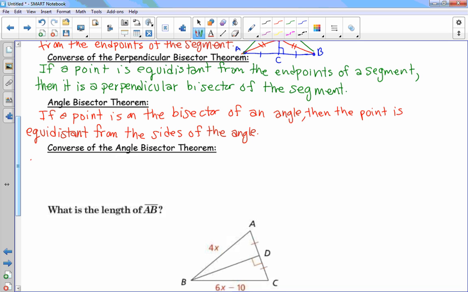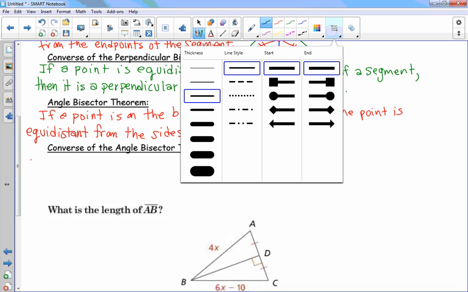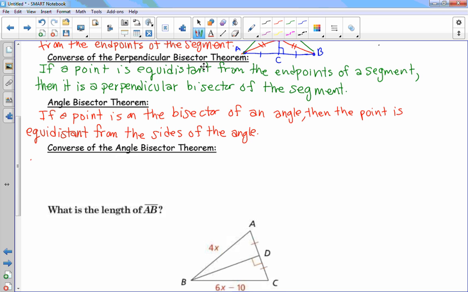Okay, let's see a picture. Angle A, yeah? What is the bisector going to do to the angle? Cut through the middle. I was a little off.